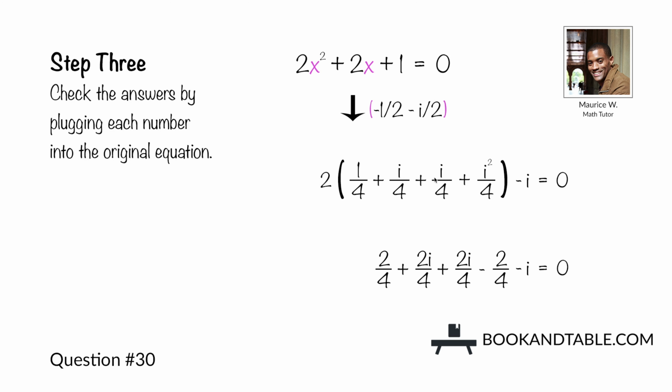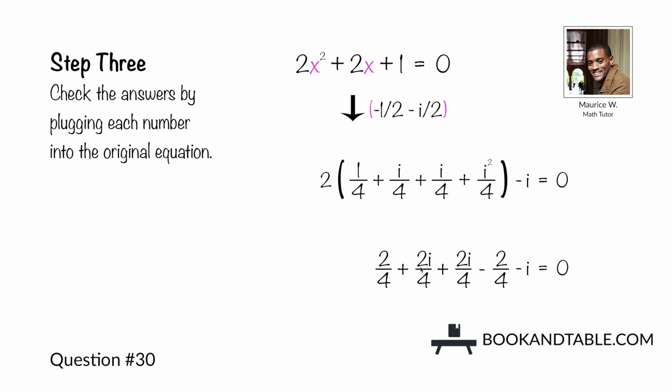2 times i gives us 2i over 4. And 2 times negative 1 is negative 2 over 4. Minus i is equal to 0, giving us 2 over 4 minus 2 over 4, so those cancel each other out.